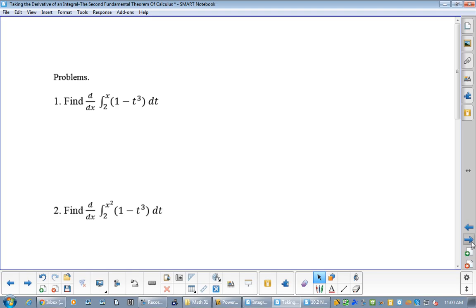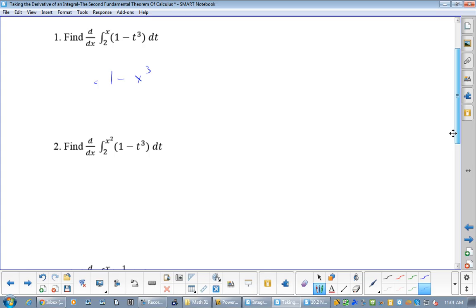Okay? So what would be the derivative of this integral? What would be the final answer? 1 minus x cubed. Okay? The next one would be 1 minus, now let's put that to be x squared cubed times 2x.